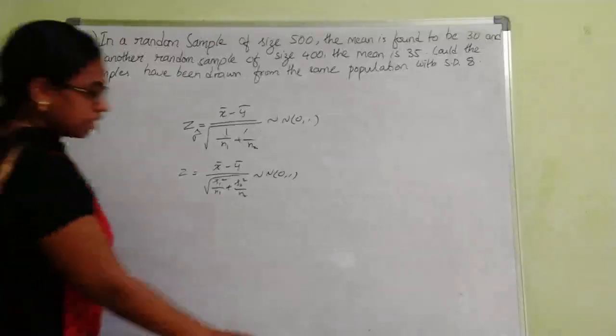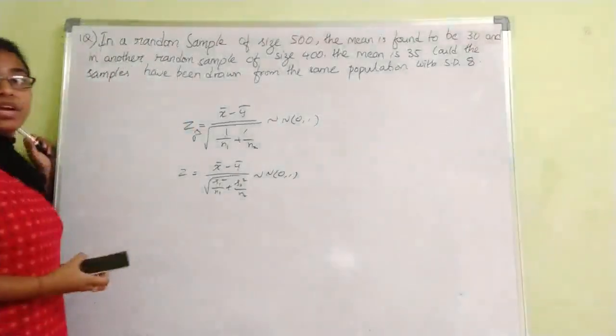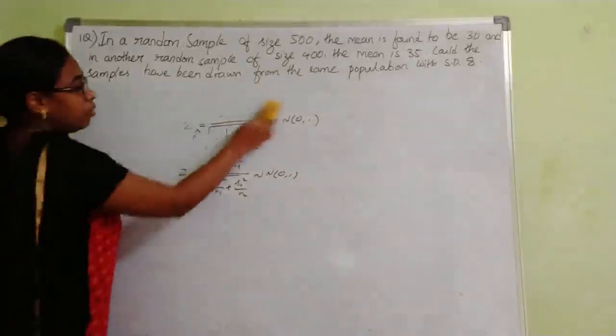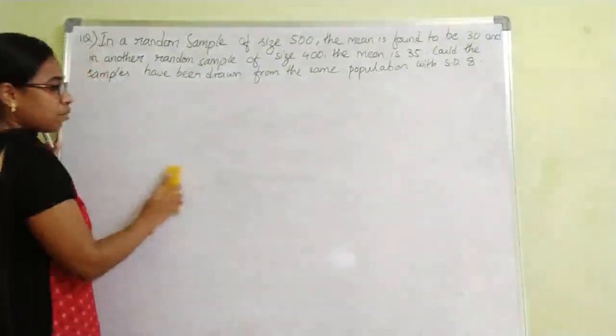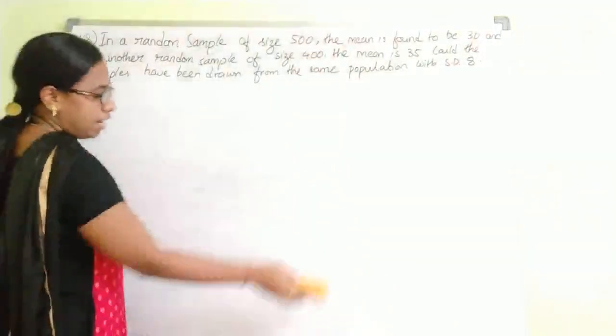So using the sample variances, we estimate the population variances, sigma 1 square hat and sigma 2 square hat.